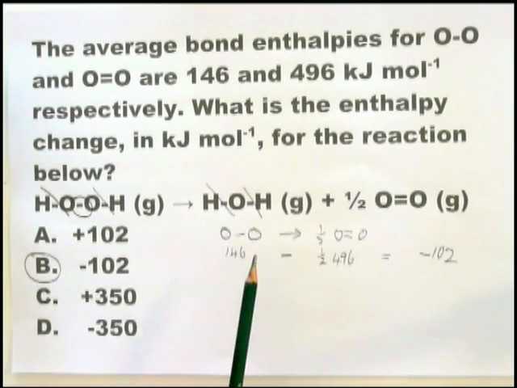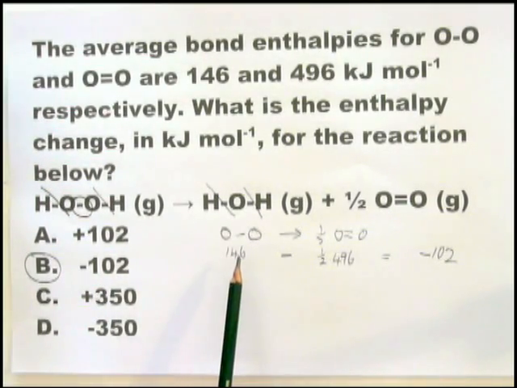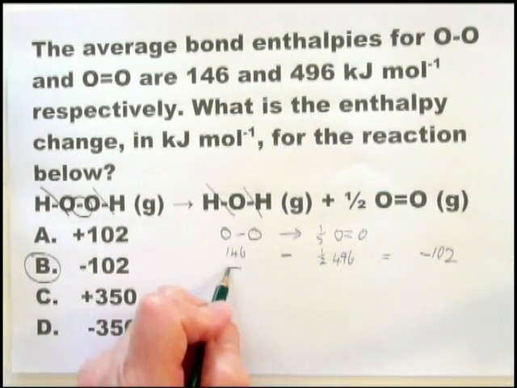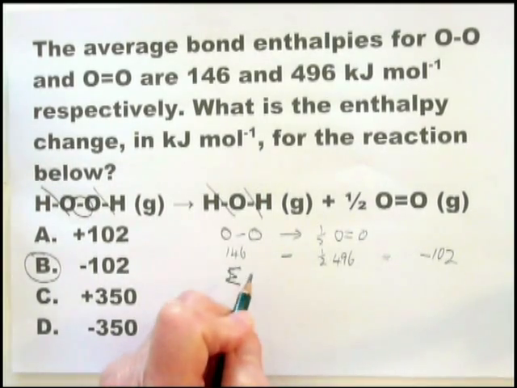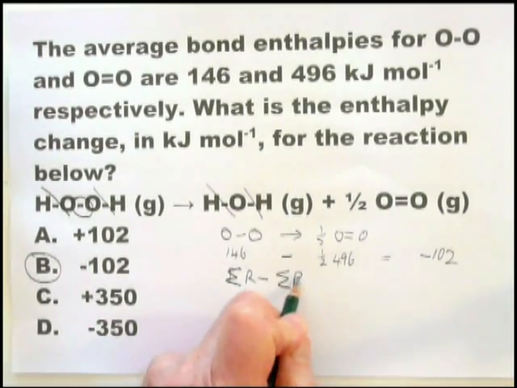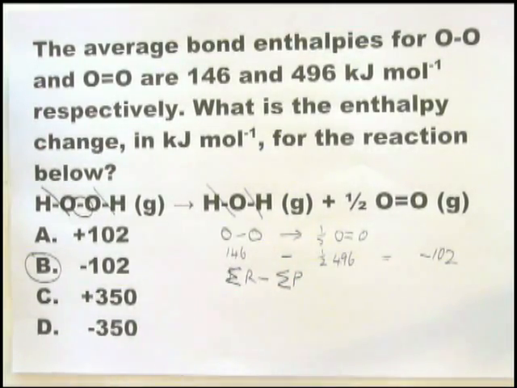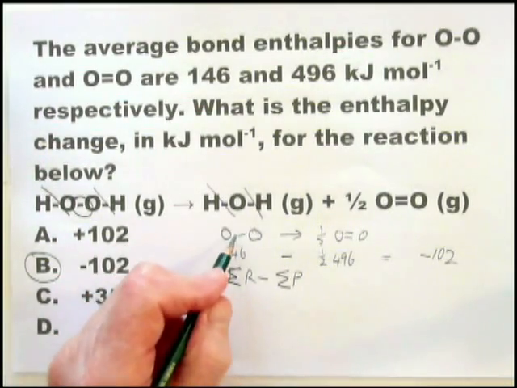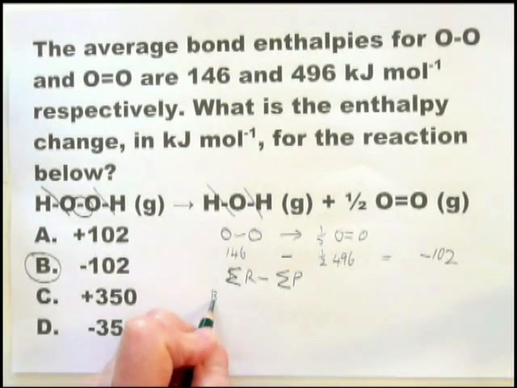Now there are two ways of thinking of the calculation. You either remember it's the sum of reactants minus the sum of products. That's one way. Or you simply remember that bond enthalpies are always positive, and so in this case you're putting energy in, you're breaking bonds.